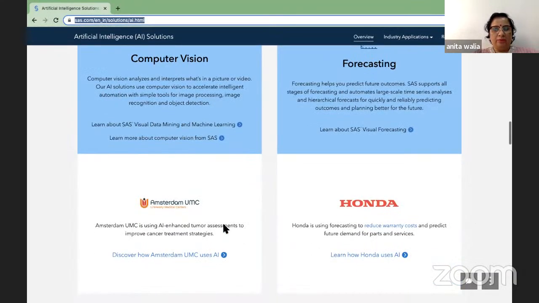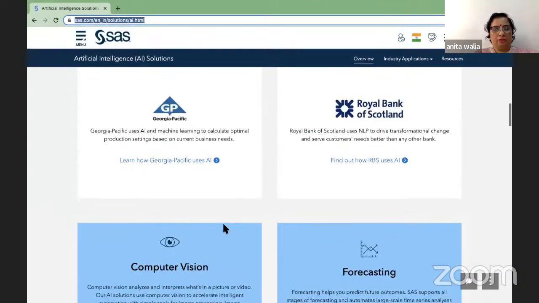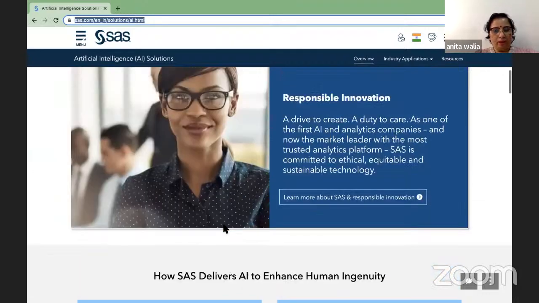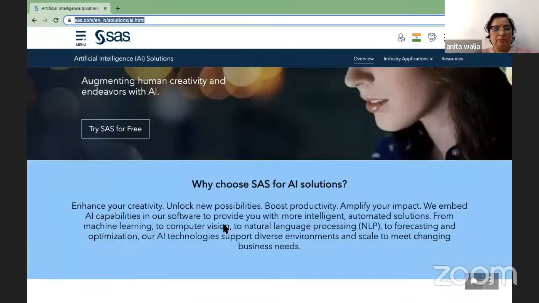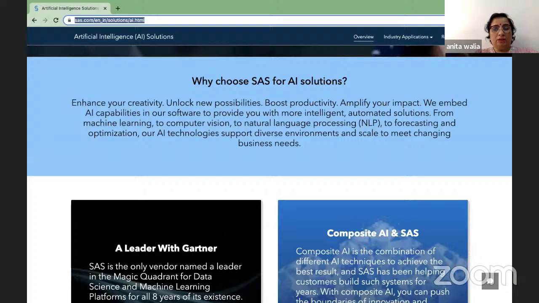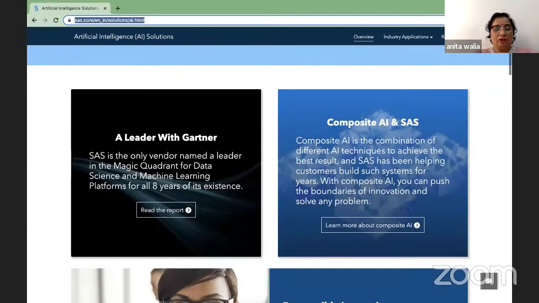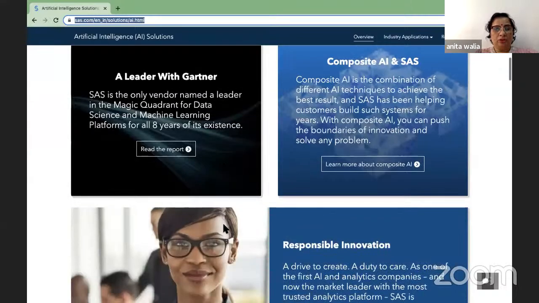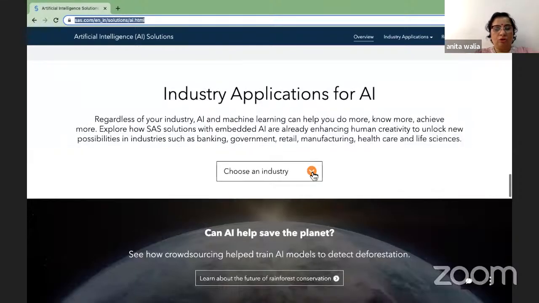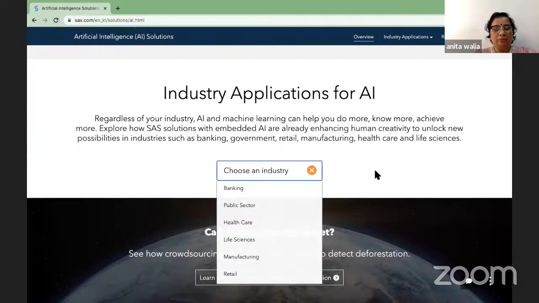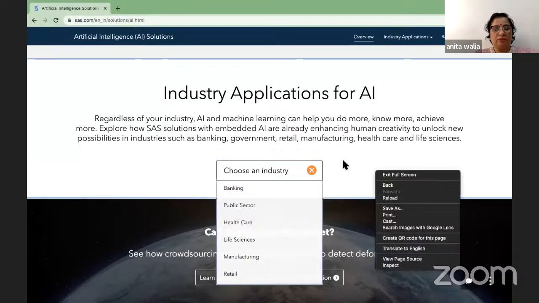We don't have that time, but I would request all the training centers to let the students go through this site and understand the real-time application of machine learning and AI: how NLP, computer vision, and other technologies are used in industry applications, and in which kind of application they can be used. You can choose an industry over here and see an AI solution which this company has provided.